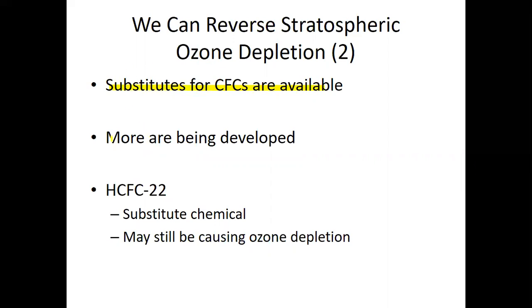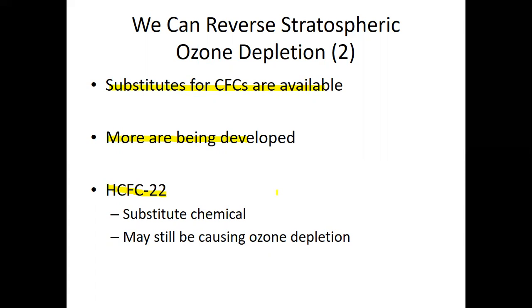Then many types of chemicals are being developed. HCFC22 is one example, one substitute for chlorofluorocarbon. So now you know the rule of thumb. To find the chemical formula, you have to add 22 to 90. When you add 22 to 90, it is 112.